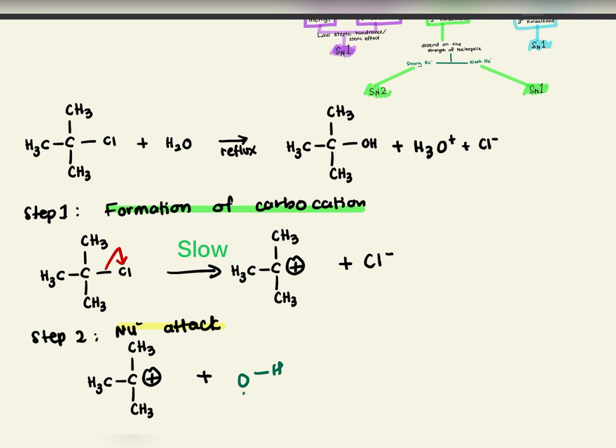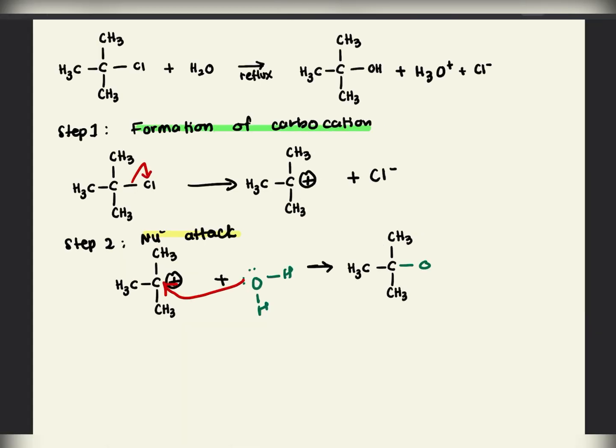Okay, so tulis H2O, expand and write the lone pair supaya kamu tahu apa yang terjadi. So lone pair attack carbon, and then you will form the product. So ini adalah intermediate, dia belum lagi form final product.